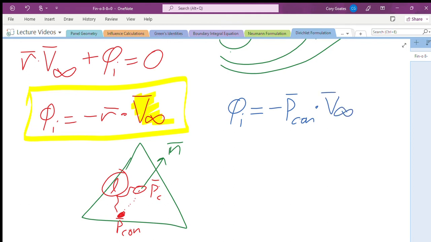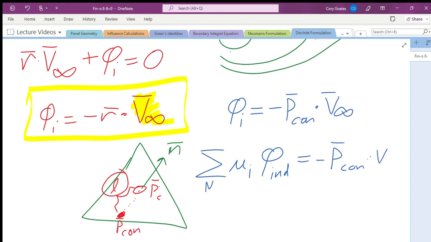It's just the sum of the induced potentials from our doublet panels. So we get the sum over n of mu, the doublet strength of panel i, times phi, which I'm going to call phi induced, so phi induced by that panel at that control point, is equal to negative p control dotted with V infinity.